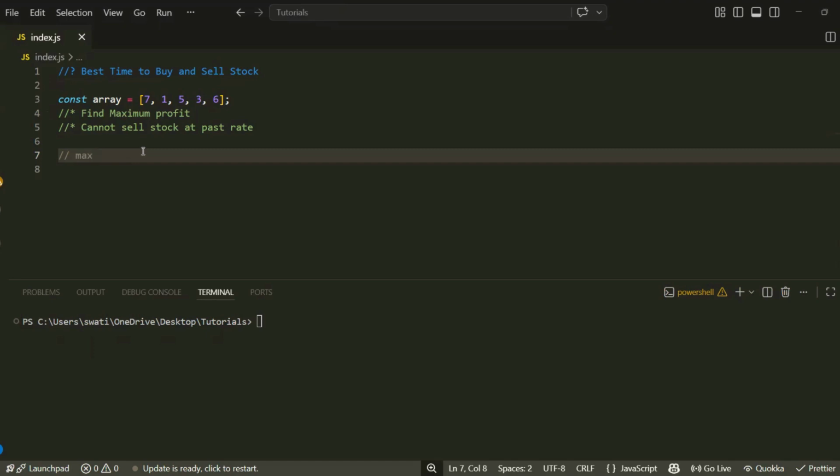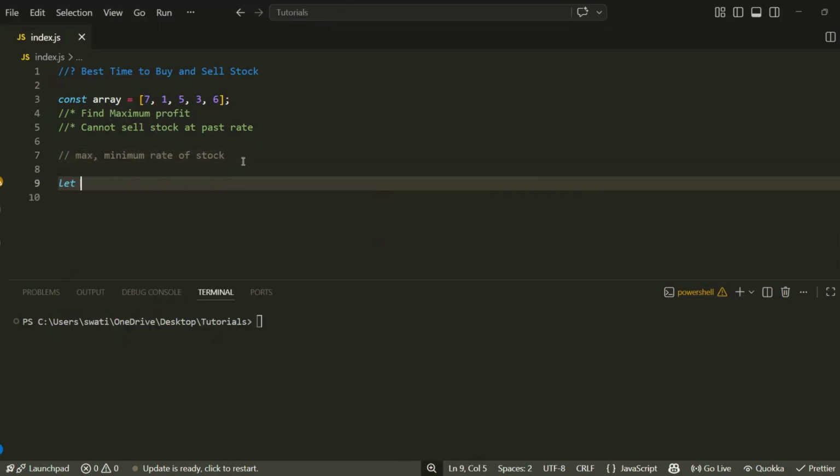So in order to get that, we also need to know what is the rate of the stock. Actually, the minimum rate of the stock, right? If I get the track to minimum rate of the stock and then I sell it at the maximum point, then only I'll be able to understand what is the maximum profit earned.